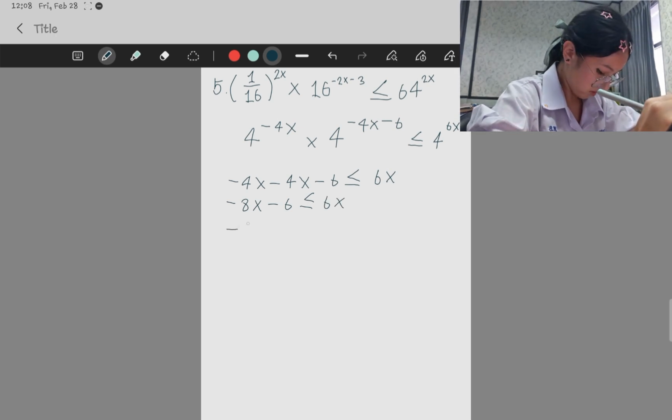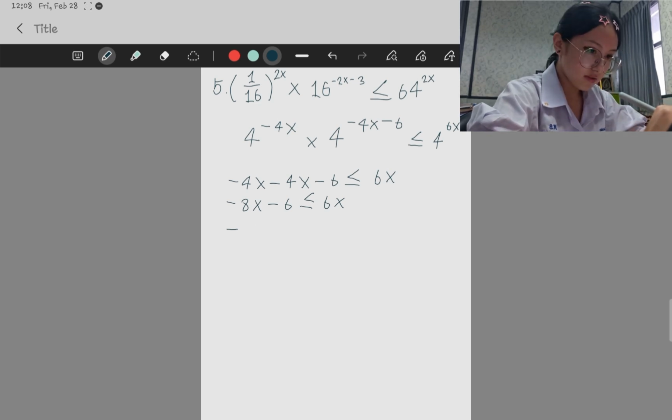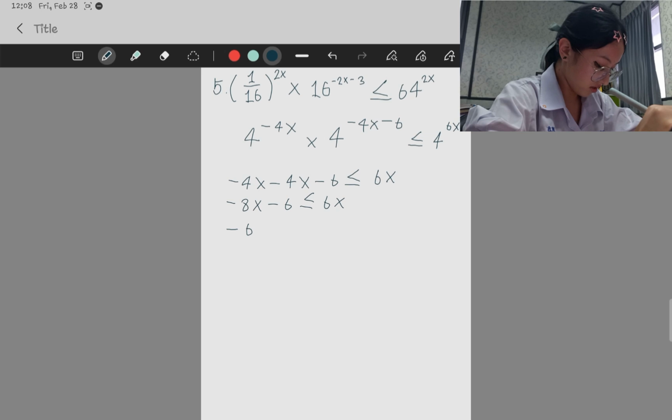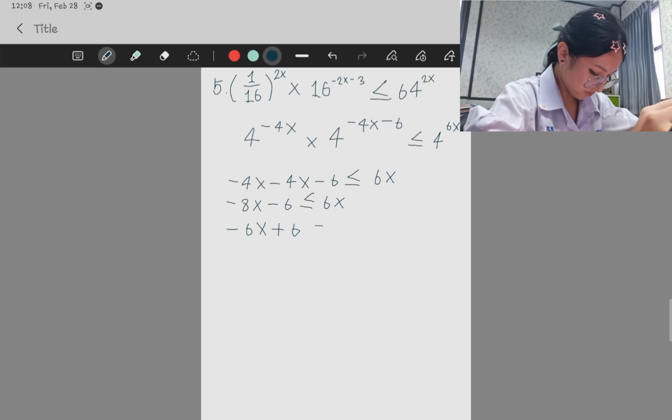The next step is to get rid of the number 6. Put 6 down, minus 6x plus 6, then minus 6x plus 6 on the bottom.